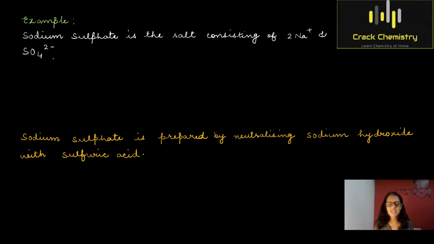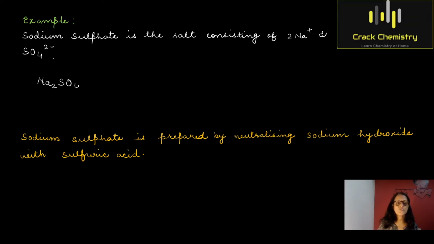As I told you in the beginning, a salt is a compound which on dissociation gives positive ions, which are called cations, other than hydrogen ion, and negative ions, which are called anions, other than hydroxyl ions. So we will see the dissociation of sodium sulfate.